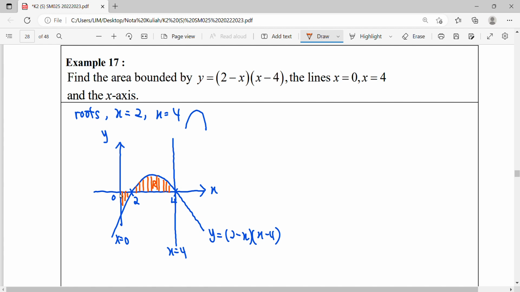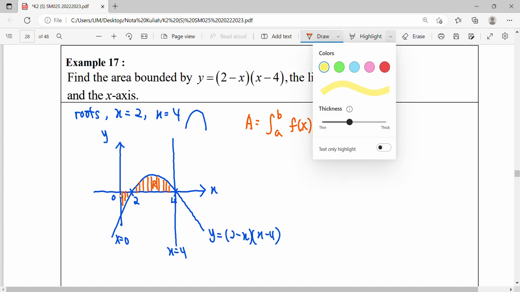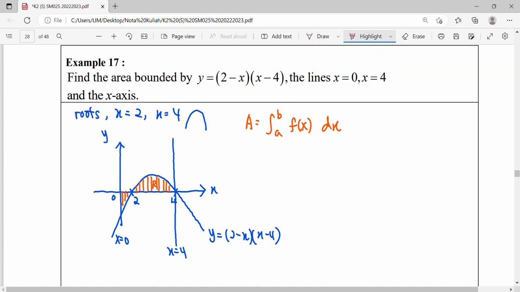Since it is attached to the x-axis, our formula for this area is to integrate from the lower limit up to the upper limit, the function in terms of x, dx. But be careful, we have a negative area here, so this part we have to find and put in modulus.